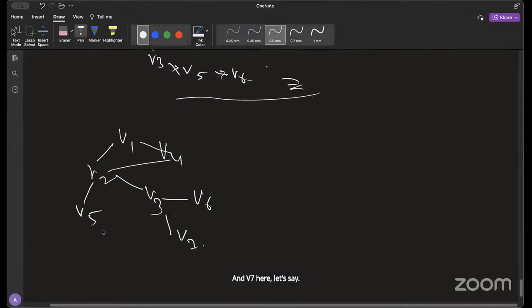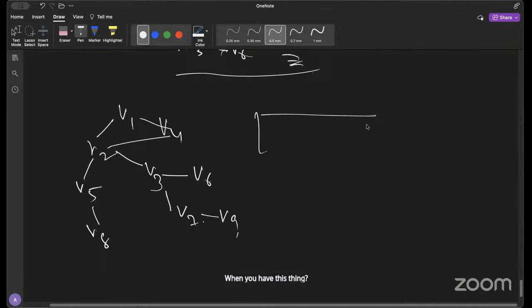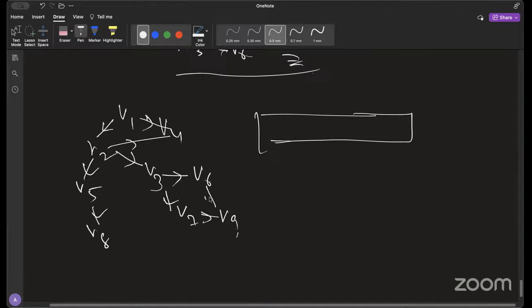Let's say you're starting your search from V1. So you start with V1, then you do V2 here.